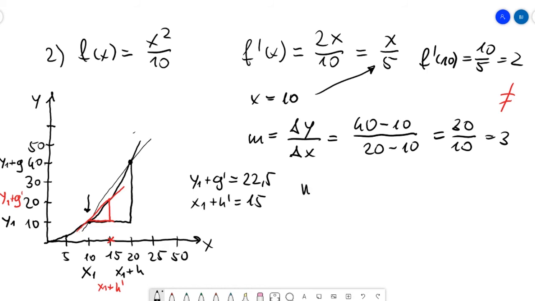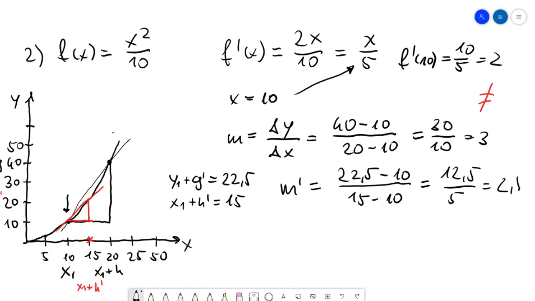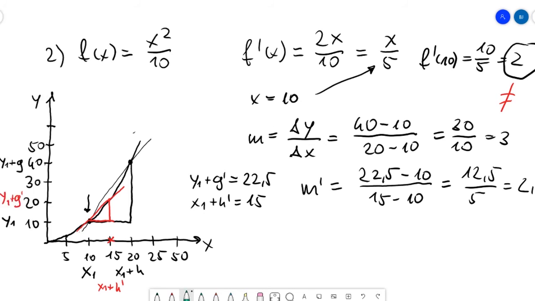So we have m equals 22.5 minus 10 divided by 15 minus 10, which gives us 12.5 divided by 5, which is 2.5. So we see we get closer and closer to this value of 2. What we try to do is to make this triangle smaller and smaller.